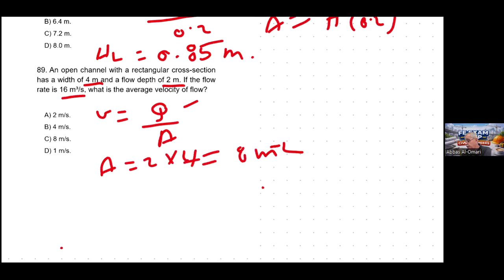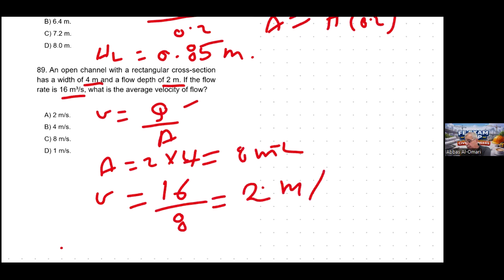So V equals 16 meter cube per second divided by 8, so it equals 2 meter per second. So this is the solution. This is an easy type of problem, but there can be some easy problems in the FE exam. So the answer is A.